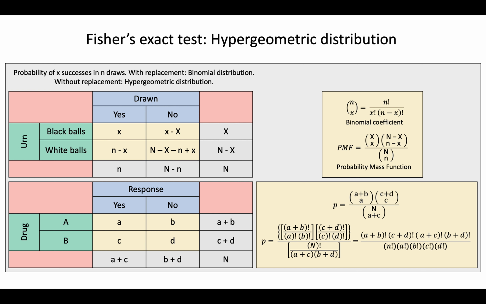So basically, this is related to the binomial distribution, and I think a nice way to explain this is to try to imagine an experiment where we got a number of, for example, black balls, and we got another number of white balls in an urn. Okay, so these are the possibilities of drawing X number of black balls and another number of white balls.